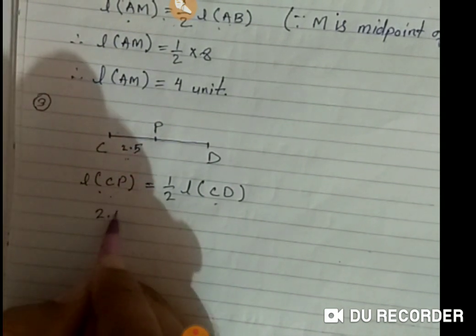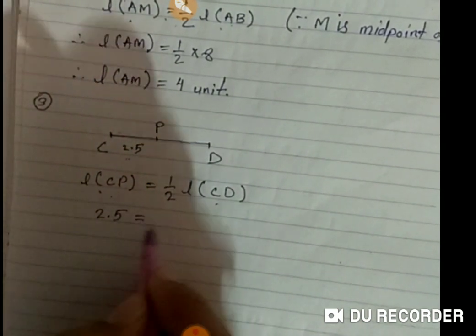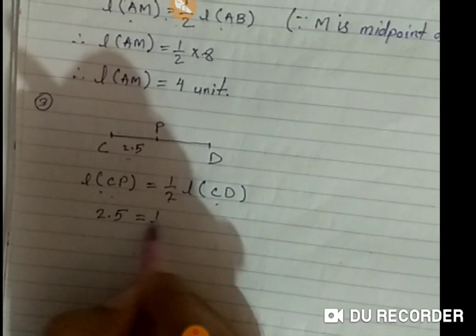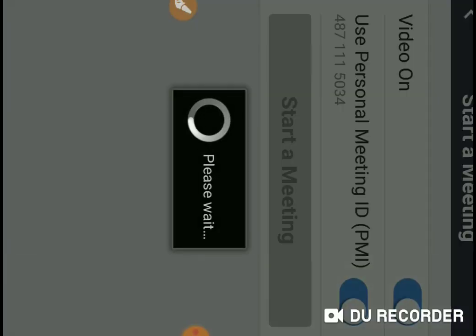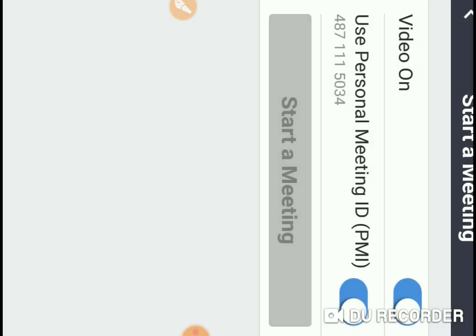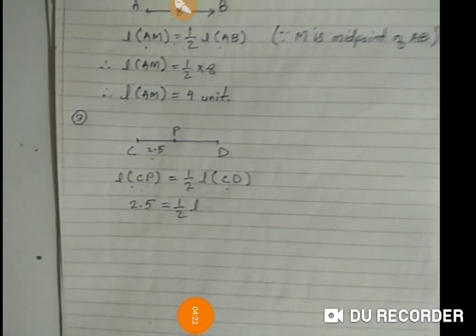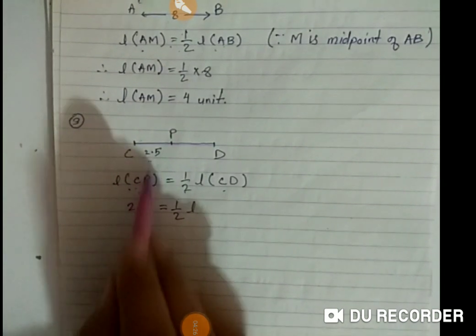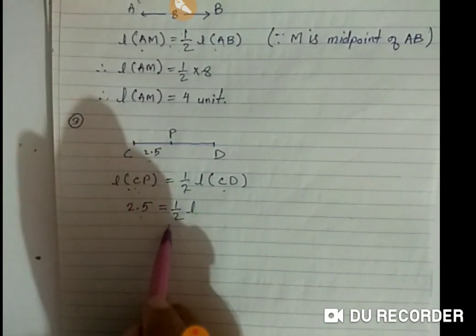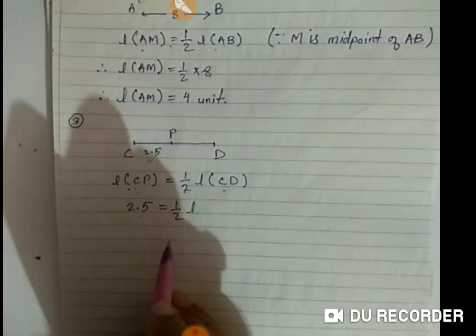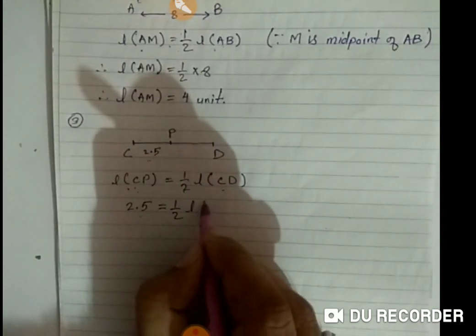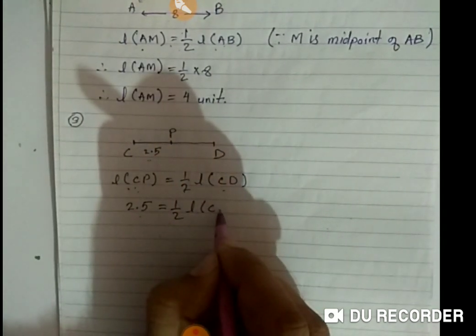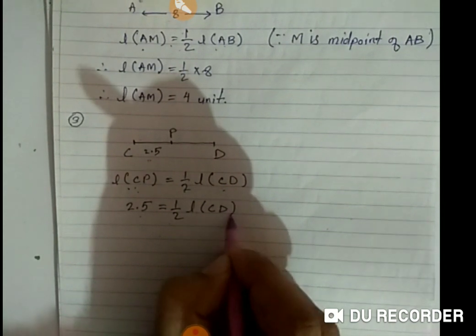Here we have 1 by 2 into length of CD. Length of CD we don't know, we need to calculate, so I'll write length of CD.